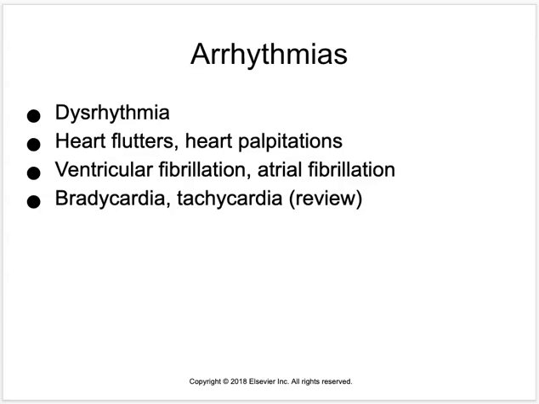Atrial fibrillation then is a cardiac arrhythmia categorized by the disorganized atrial electrical activity. Okay, so again, the atria are contracting too rapidly or too uncoordinated, but atrial fibrillation is less severe than ventricular fibrillation.